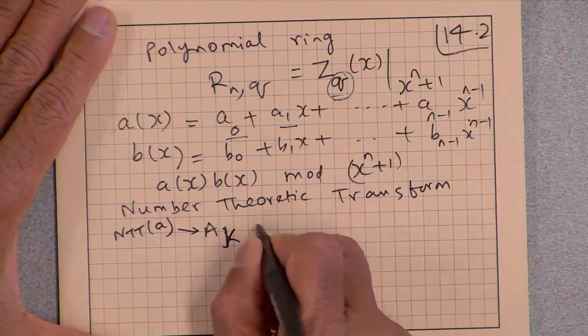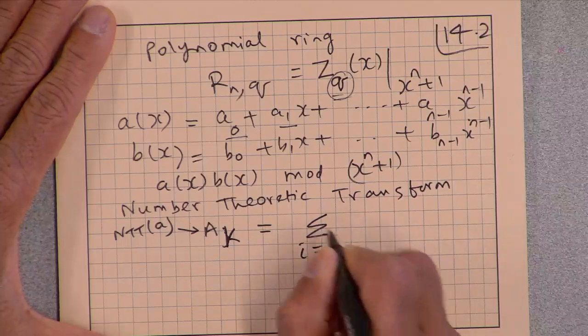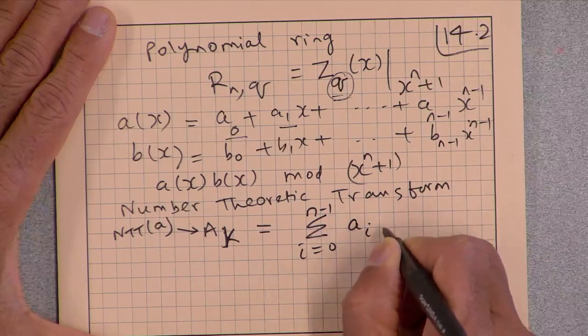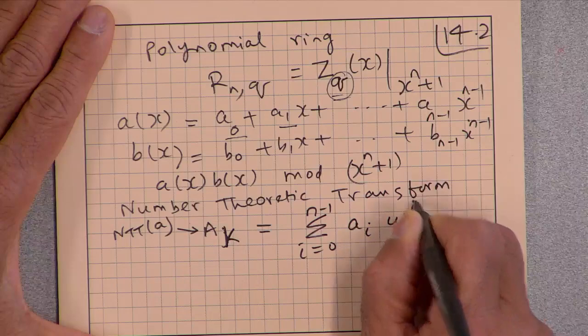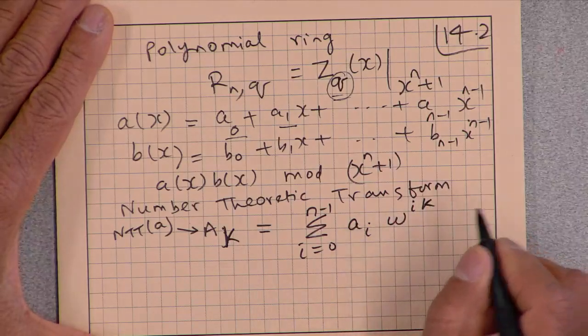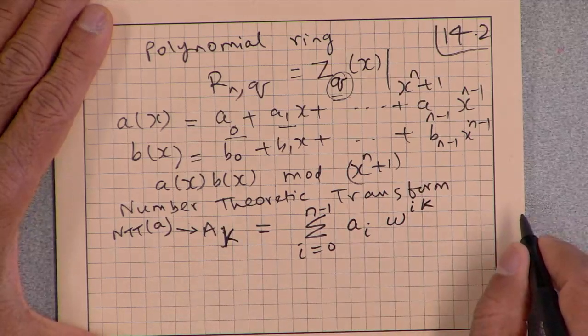So I can write A_K is the sum over I equal to 0 to n minus 1 of A_I omega to the power I K. And that index K will be from 0 to n minus 1 as well.